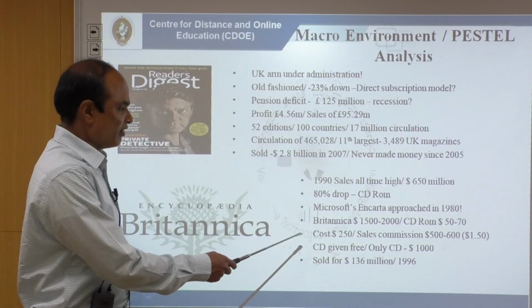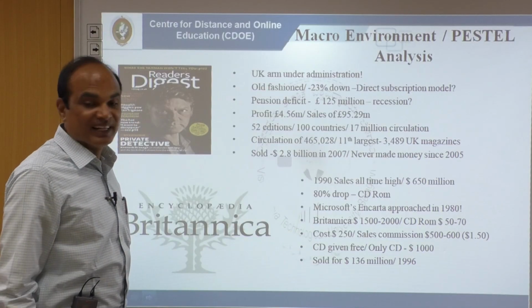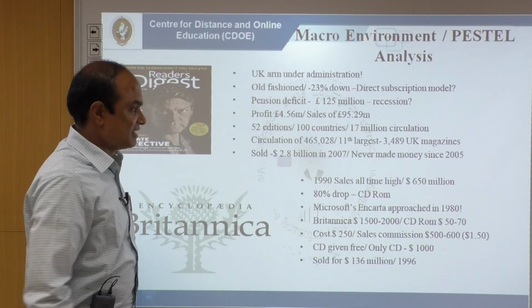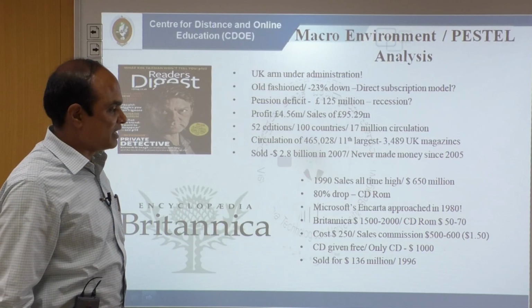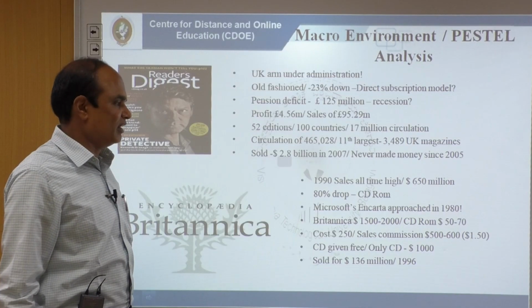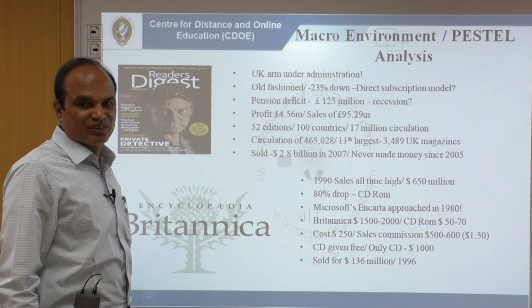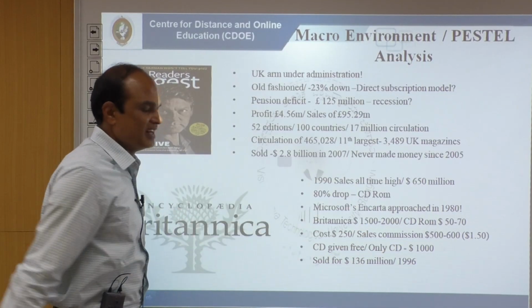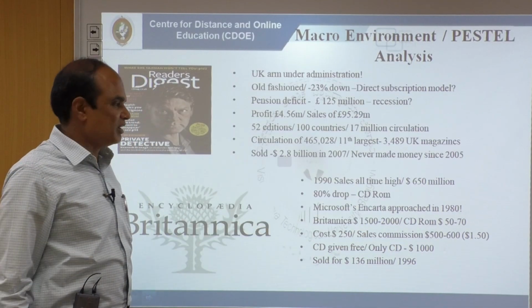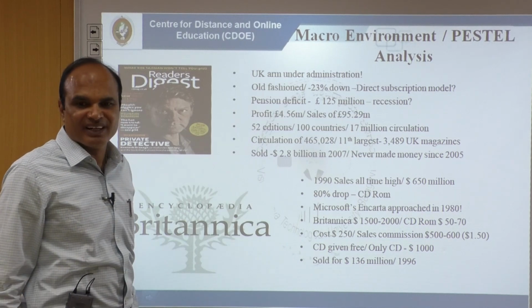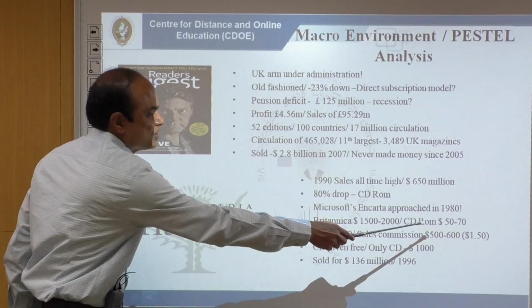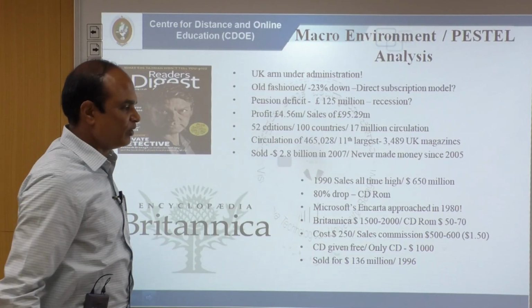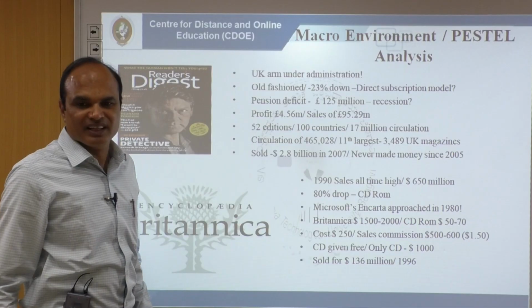Microsoft's Encarta approached in the 1980s, and Britannica's package was sold for almost $1,500 to $2,000 for the regular edition, whereas the CD-ROMs cost $50 to $70. So look at the huge difference between the regular print version and the soft version.